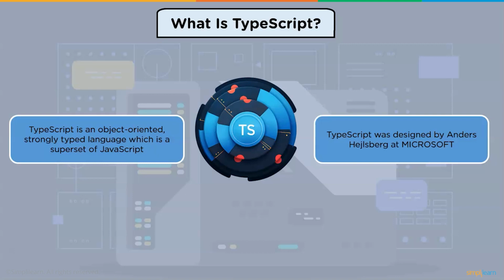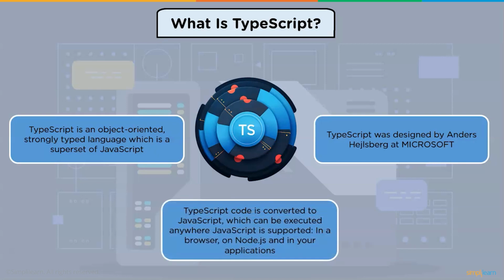Because of the difficulty of working with complicated JavaScript code, there was demand for custom tooling to make developing JavaScript components easier. TypeScript code is converted to JavaScript, which can be executed anywhere JavaScript is supported, in the browser, on Node.js, and in your application.